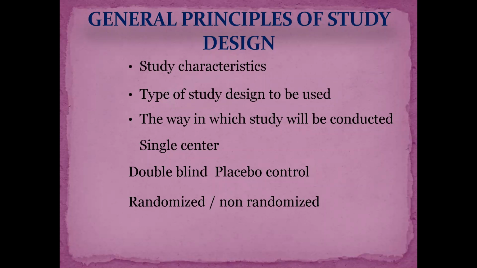And many times this double blind and placebo control is used in RCTs, that is, randomized controlled trials. Usually there will be two sets of groups. One we call the control, the other we call the test. In the control, you give a dummy medication like a placebo, or any other drug which is in the market.